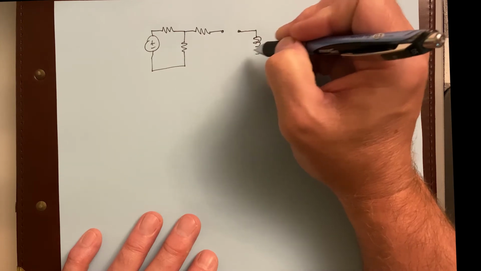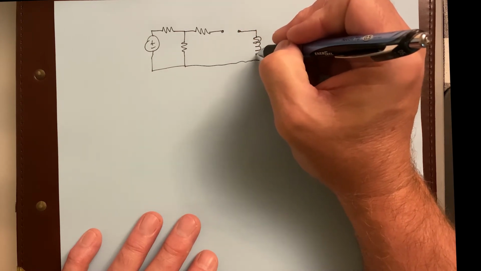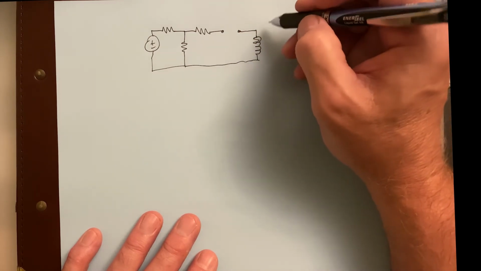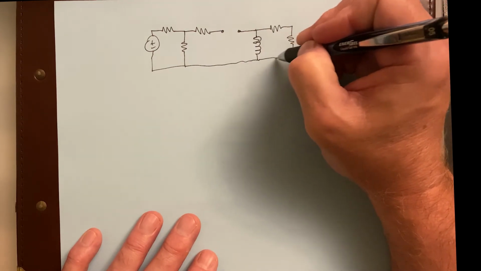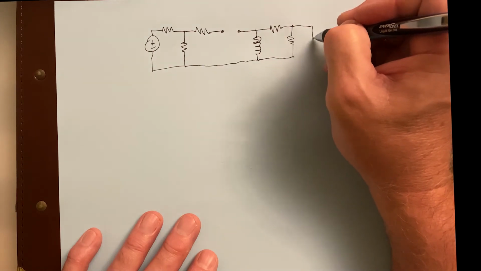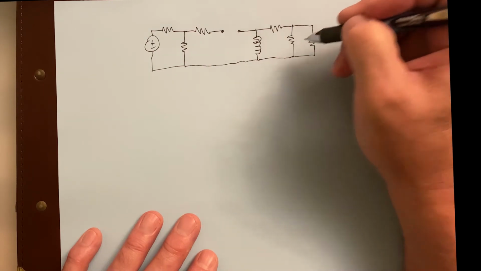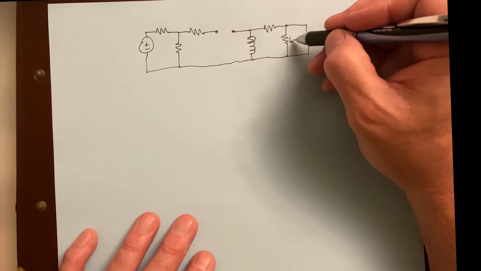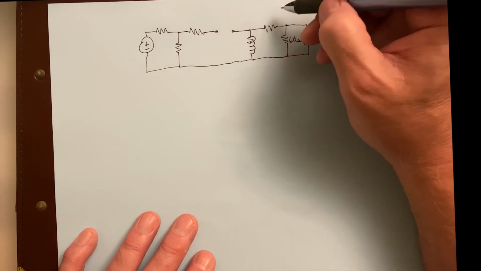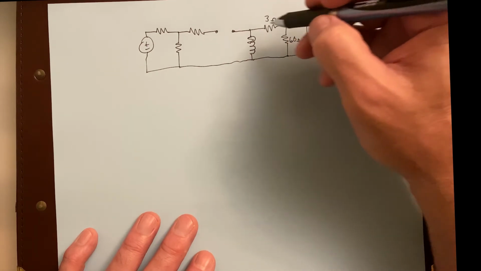This is an inductor. That's an inductor. Okay, so this is a 20 ohm resistor there, 60 ohms there, 3 ohms there.